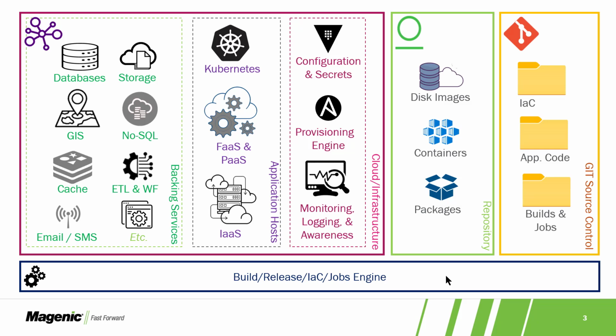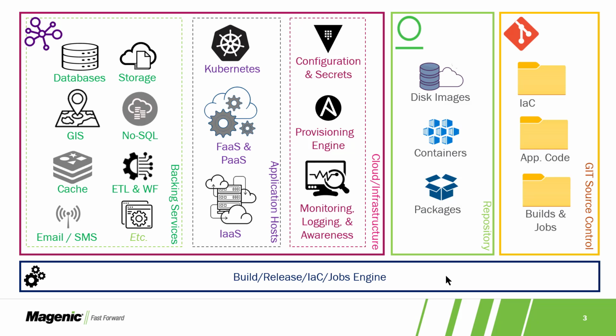And so we want a repository that we can store disk images in for our infrastructure as a service components. We want a container registry if we're using containers like Kubernetes. And of course, we always want a package repository, which is where our ready-to-deploy code goes. And all of this is managed by some sort of engine that does builds, releases, infrastructure as code, whatever.